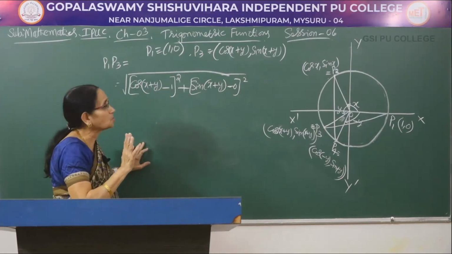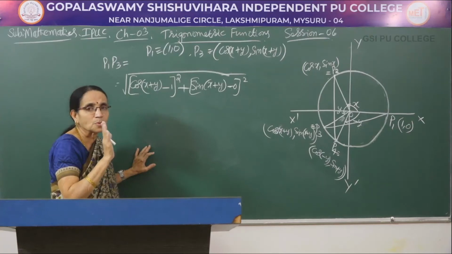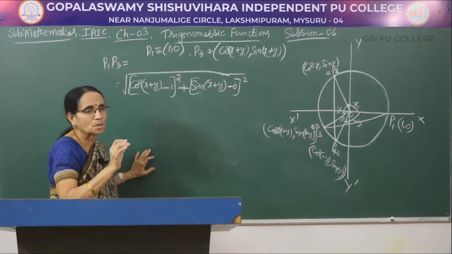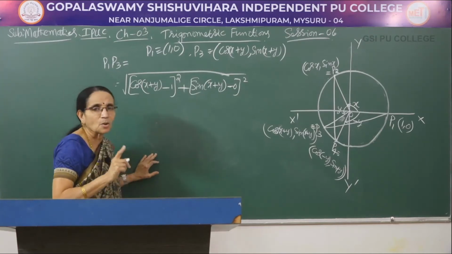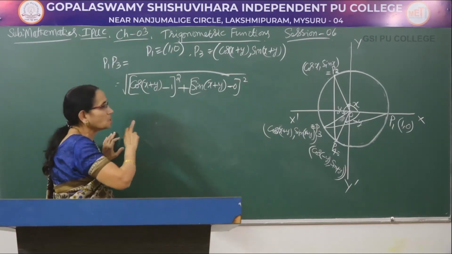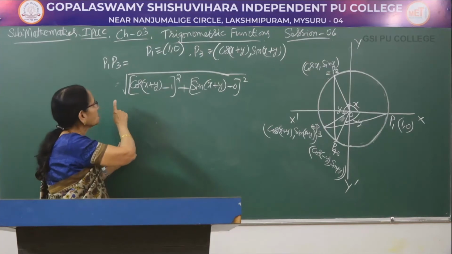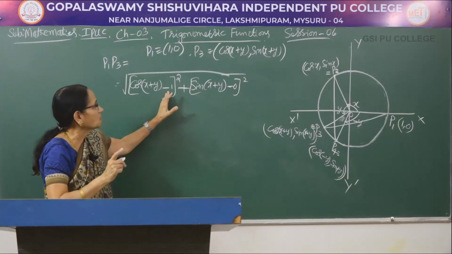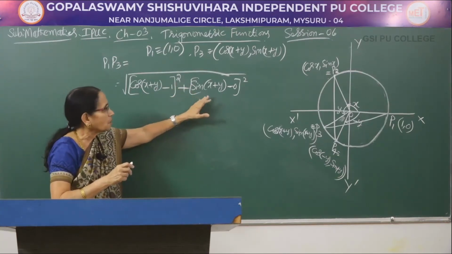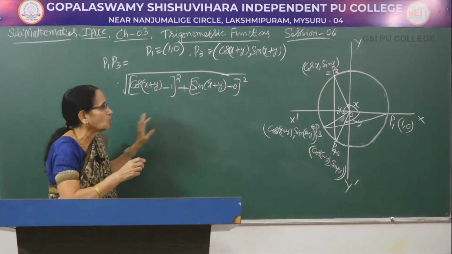Don't try to skip the steps here, solve the problem step by step. In each step do only one calculation. So, I know the coordinates of P1 and P3. Using the distance formula, I can write P1P3 to be square root of (cos of x plus y minus 1) the whole square plus (sin of x plus y minus 0) the whole square.